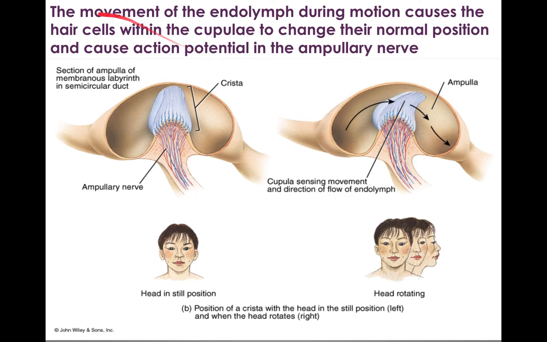So as it says here, the movement of the endolymph, remember, the fluid is called endolymph, and so these arrows represent that movement of the endolymph, causes the hair cells within the cupulae to change their normal position. Why? Because the hairs are changing normal position and cause action potential in the ampullary nerve, well, the vestibular nerve specifically.